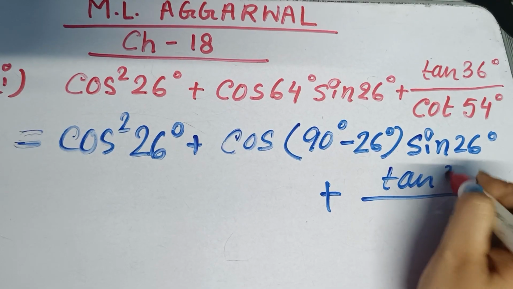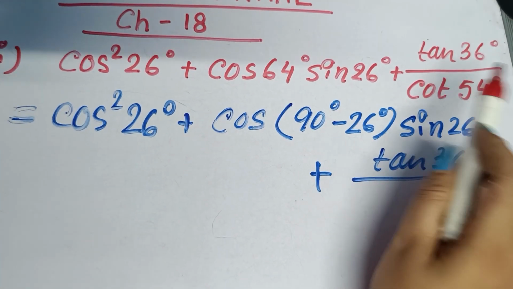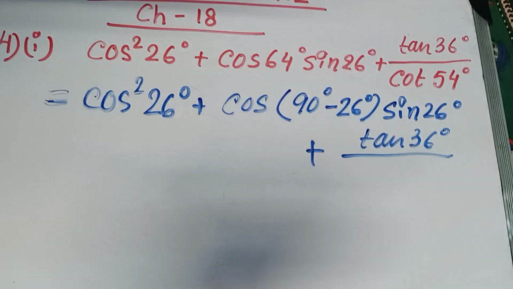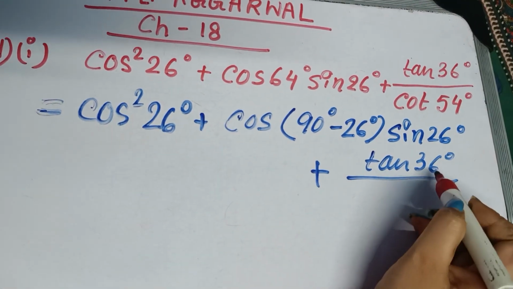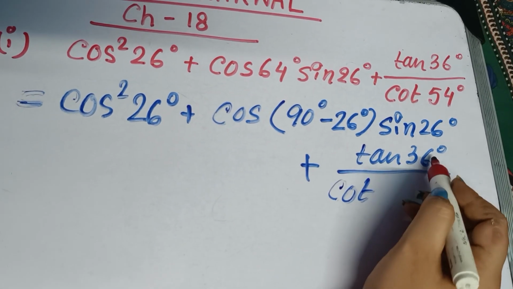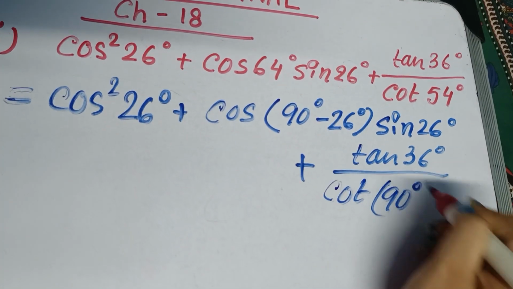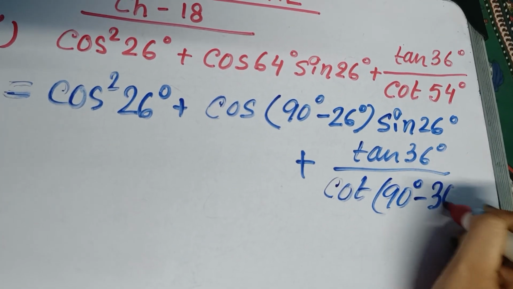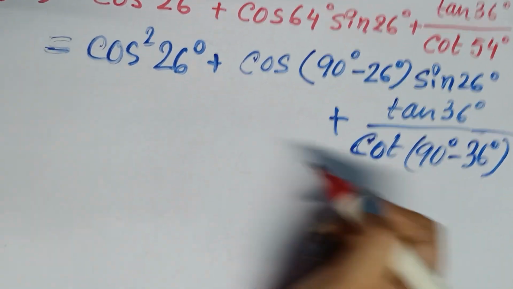I'm keeping the tan here, since these angle values and those angle values are not related, so that is a separate part and this one is a separate part. So here tan 36 degree is there and I am writing cot for this one, since 36 and 54 is obviously 90. I am writing the cot part this way so that we can recognize the formula very easily.